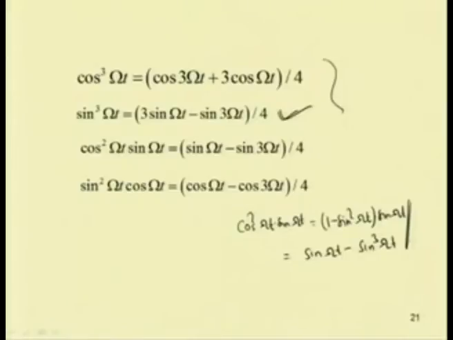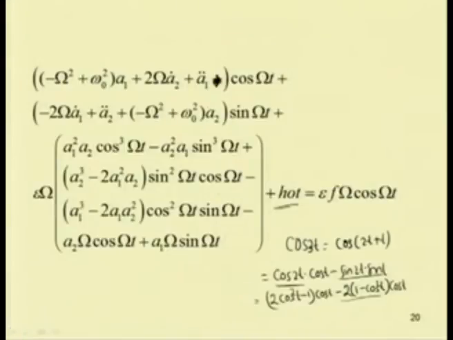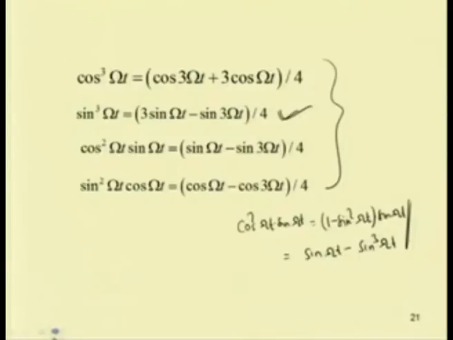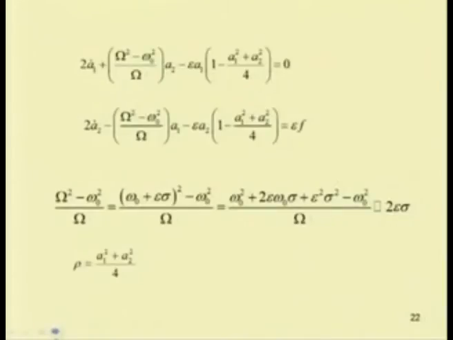So, substituting these expressions for cos³ωt, sin³ωt, cos²ωt sin ωt and sin²ωt cos ωt in the previous equation, and separating the terms with cos and sin, one can obtain two equations.